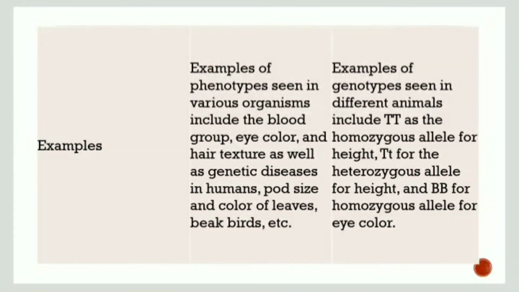Now let us discuss the examples of genotype. So capital T is homozygous allele for height, whereas capital T small t is heterozygous allele for height. So now let us discuss another example. So capital B is homozygous allele for eye color, and capital B small b is heterozygous allele for eye color.